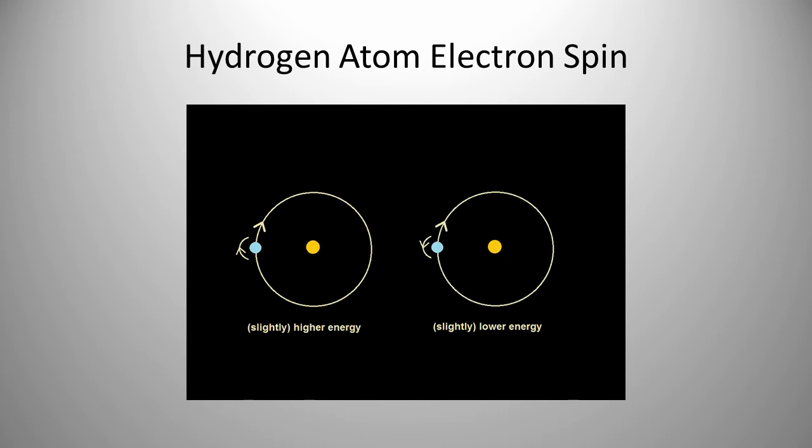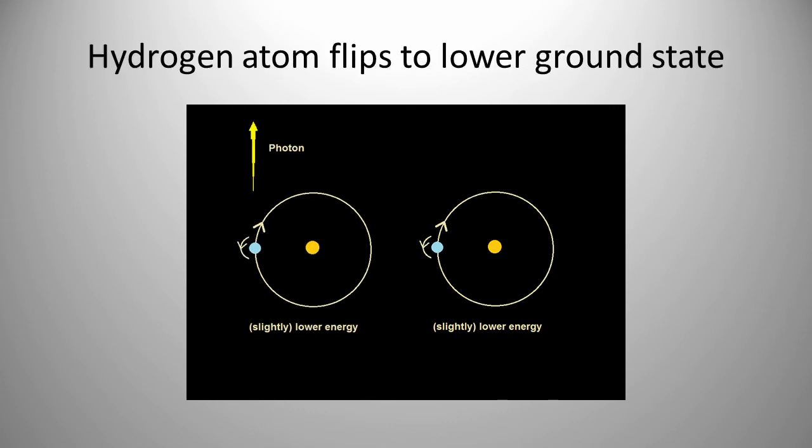The energy difference between these two states is very small, 6/100,000ths of an eV. Hardly noticeable if an electron is dropping down from orbit 2. But if left to itself, over a period of about 700,000 years on average, the electron on the left will flip over to the lower energy state, sending off a 0.00006 eV photon in the process.